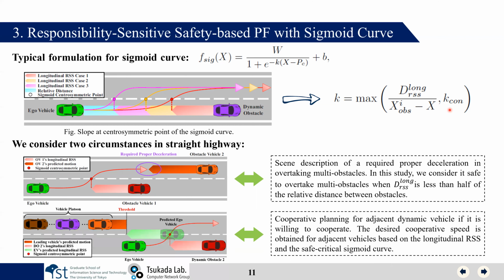And the next is a platoon scenario. So you can see there is a 3 vehicle platoon driving at the upper lane, and there is 1 dynamic obstacle driving at the lower lane.